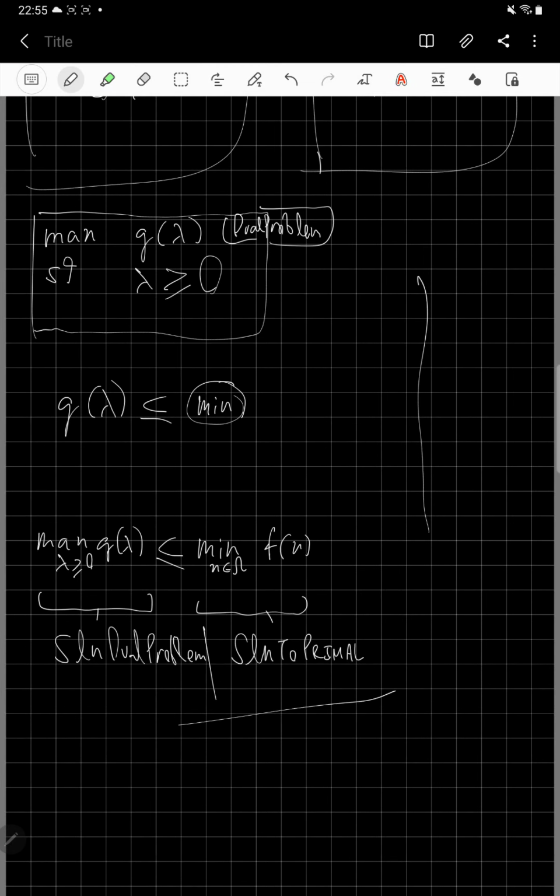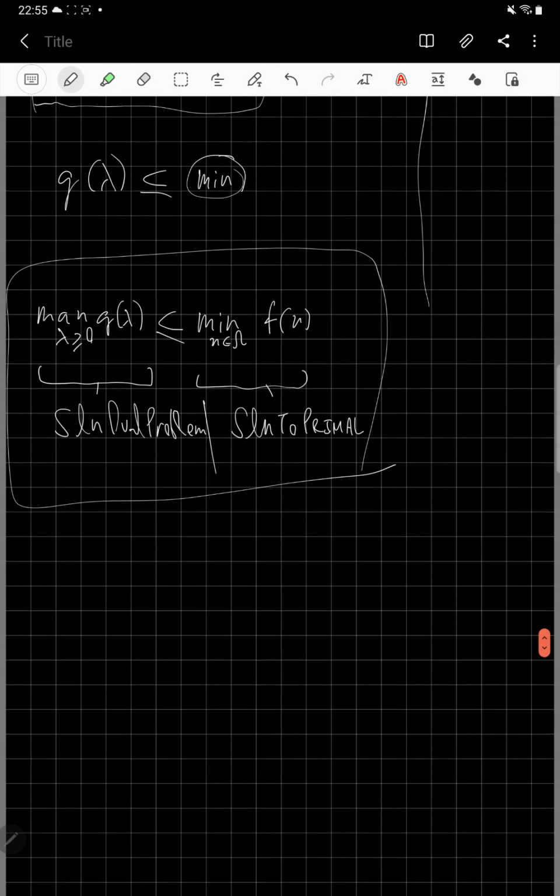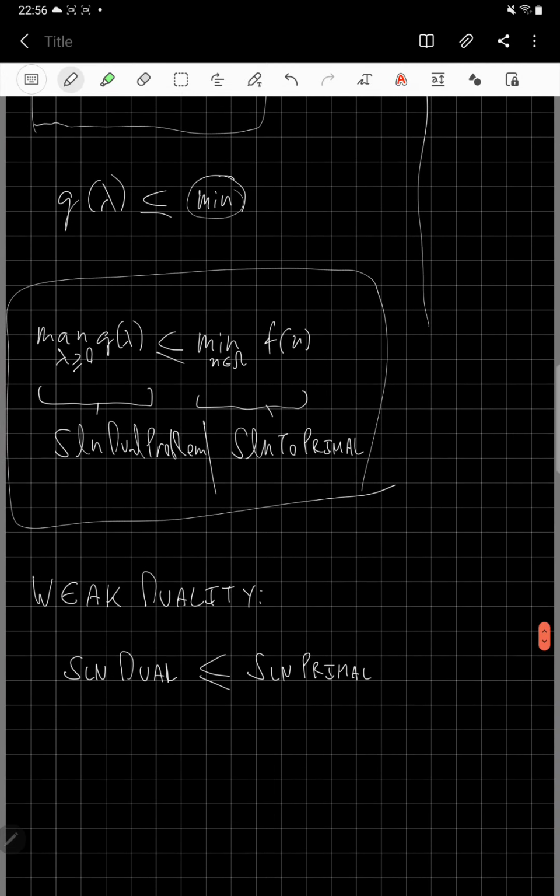This is weak duality. Weak duality allows us to obtain lower bounds to the primal problem. It says that the solution of the dual is smaller than the solution of the primal, which is always true in the way that we've done it.